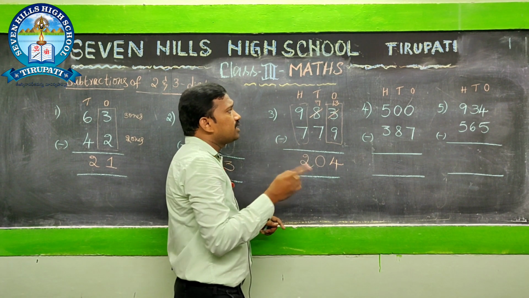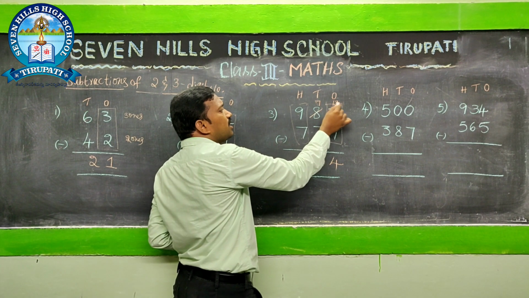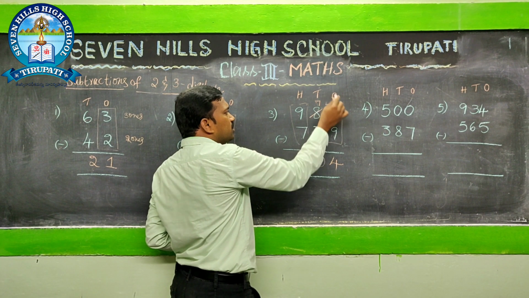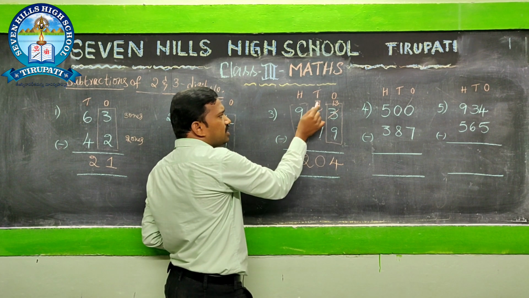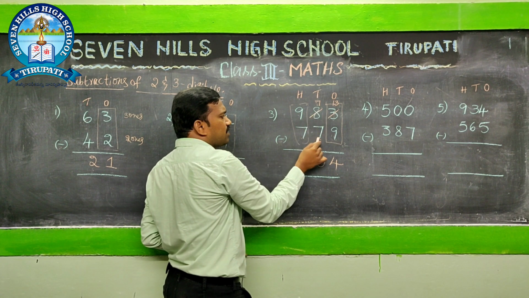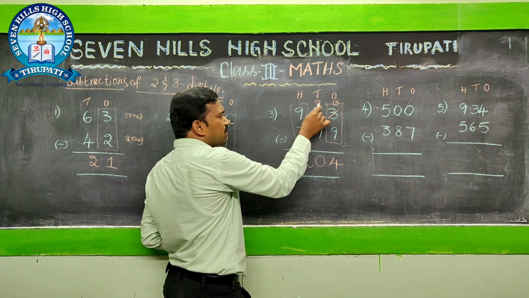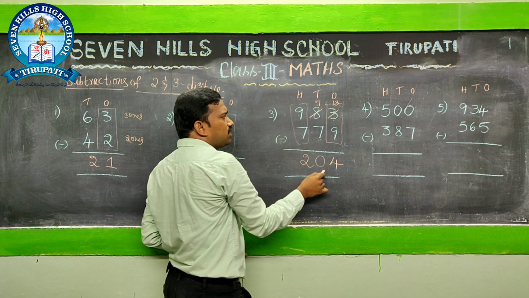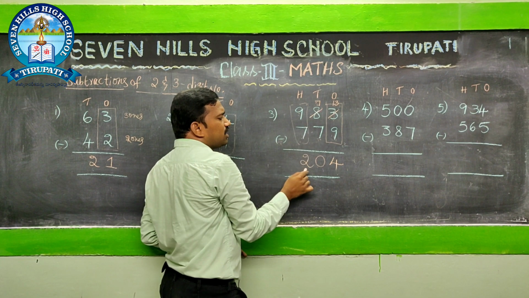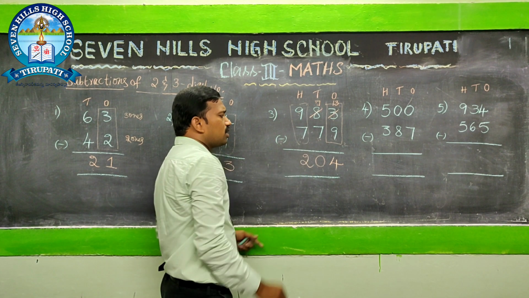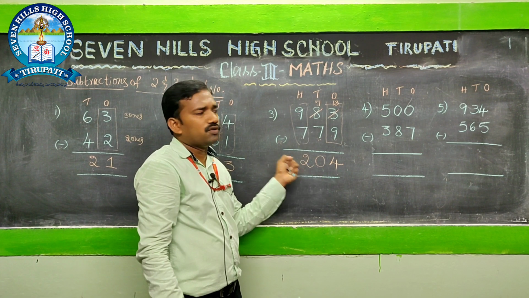It becomes 13 ones. 13 minus 9 is equal to 4. And here 7 is there. 7 minus 7 is equal to 0. And after that the hundreds column, 9 minus 7 is equal to 2. So the answer is 204.